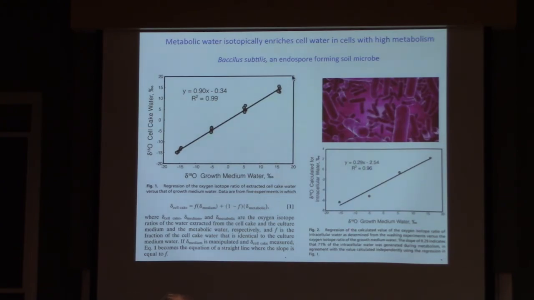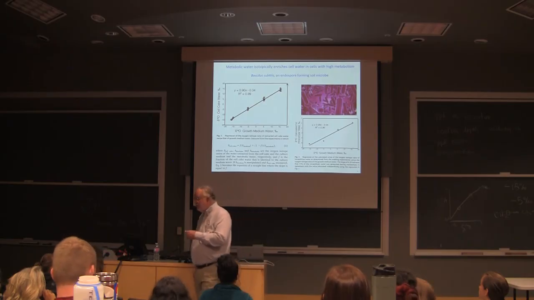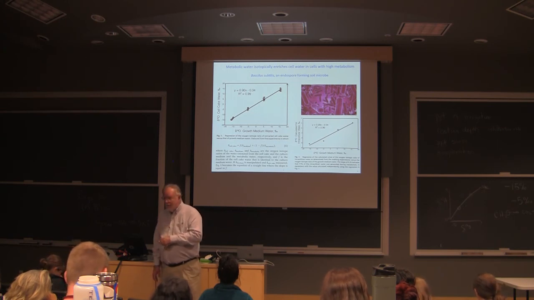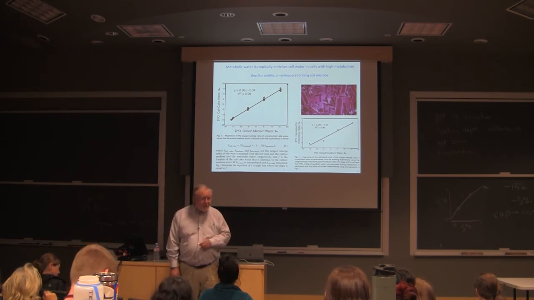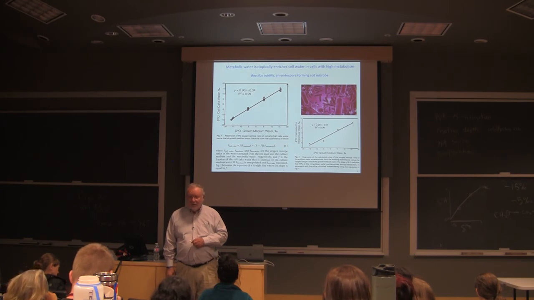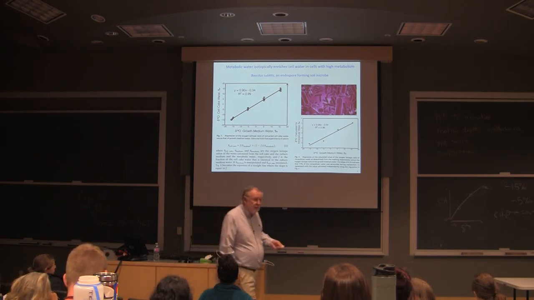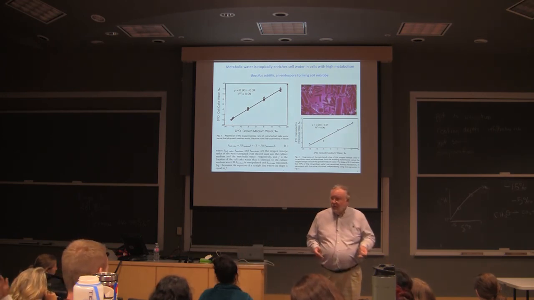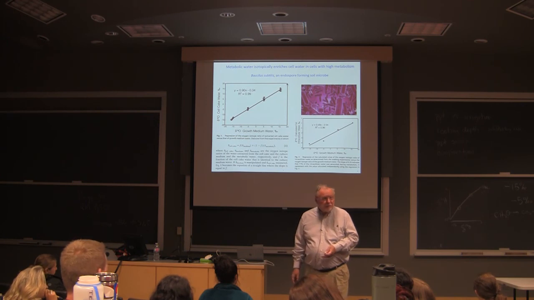And I'll be darned, the isotopic composition of water in the medium was never the same as the isotopic composition of water in the cell. So either one of two things is happening. Either there's a fractionation during uptake, or something else is influencing the water.